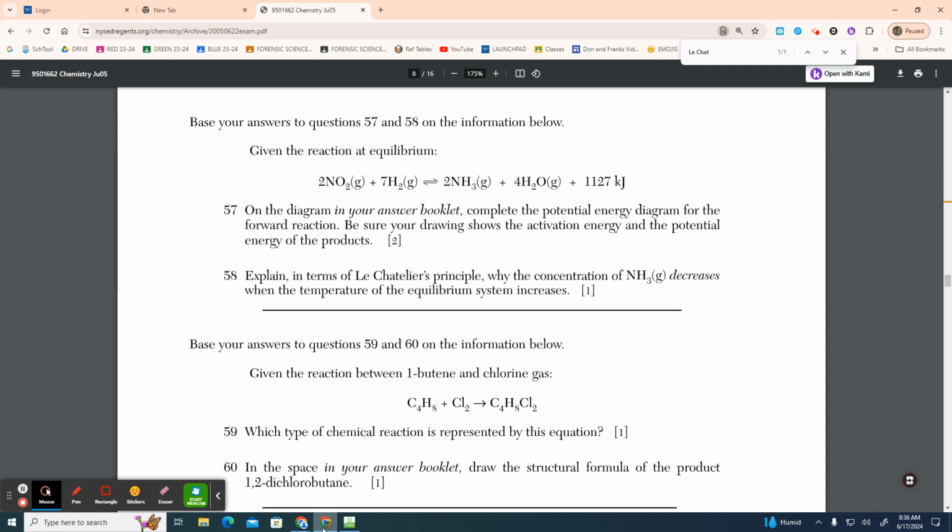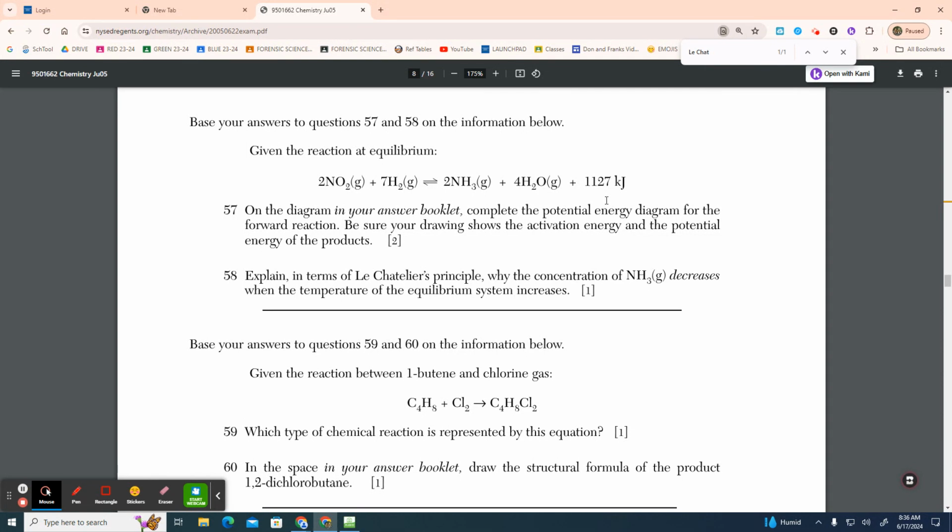Explain in terms of Le Chatelier's principle. And when you see explain in terms of Le Chatelier's principle, what are you going to answer? Shift to the right. Why the concentration of ammonia decreases when the temperature of the system increases. If I increase the temperature, which way is it going to shift? Left.